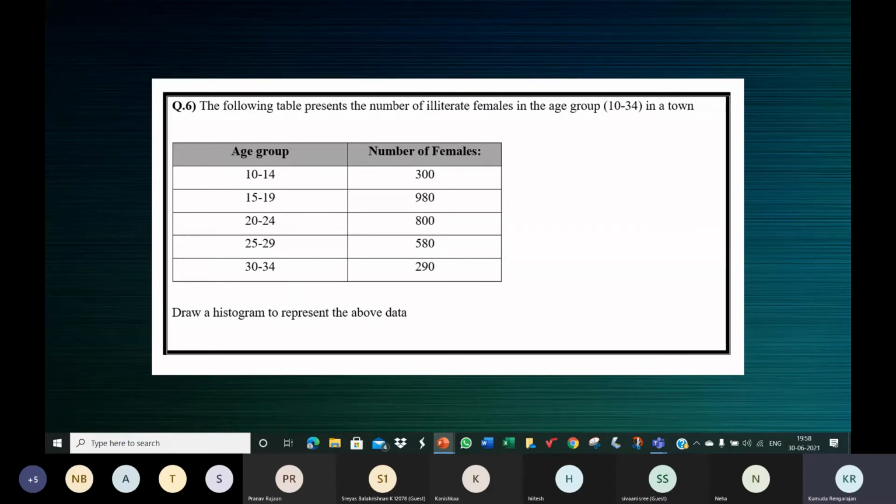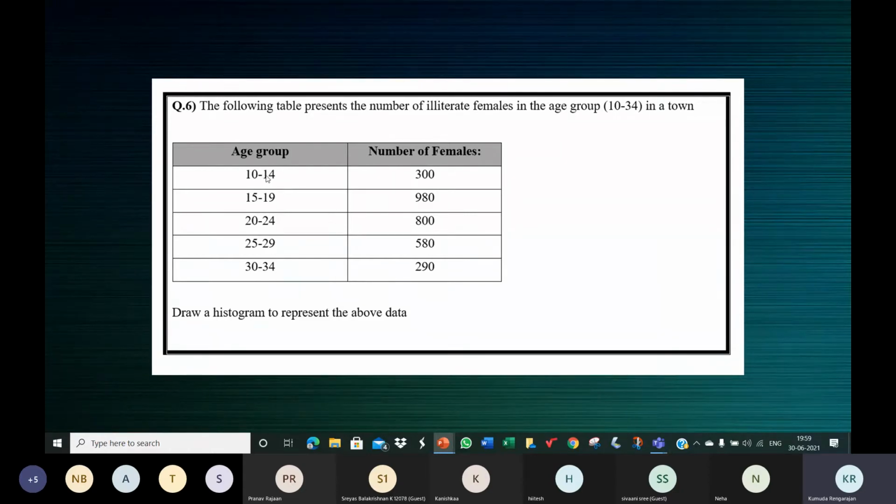Now this value 0.5 must be subtracted from all the lower limits and must be added to all the upper limits.